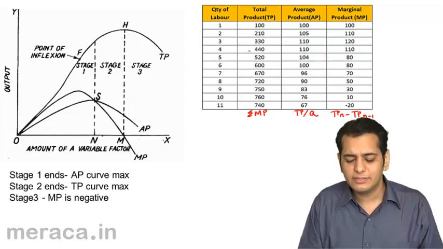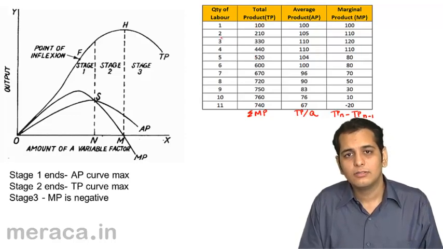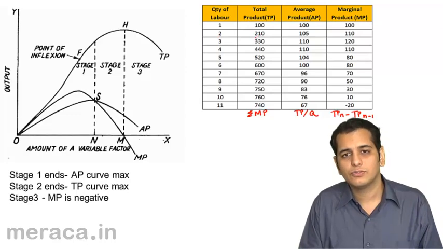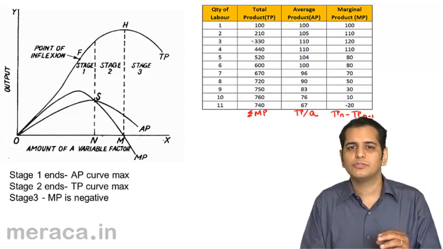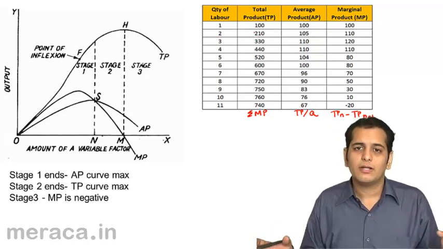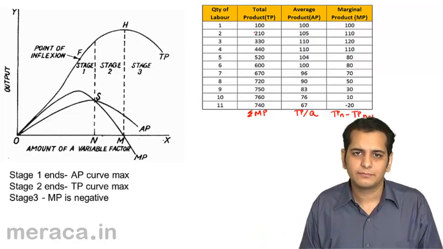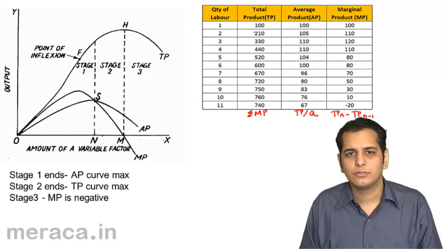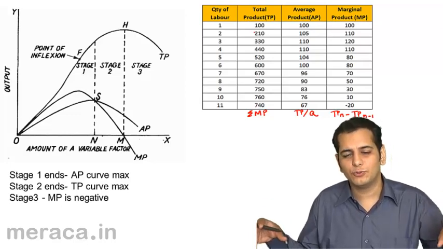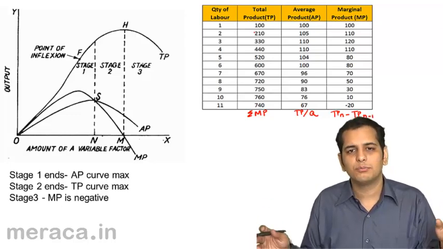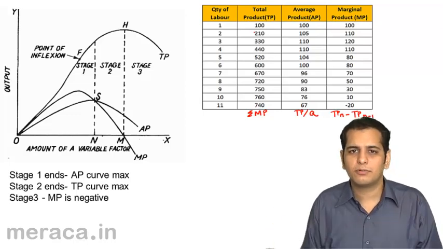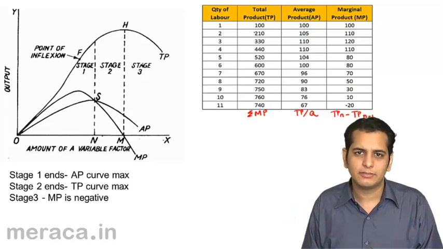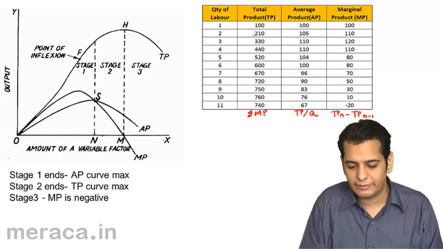When we increase the labor to 2, the total product is 210. This means when there are 2 laborers, together they produce 210 units. They individually produce units separately, but when we take both of their individual products collectively, it is 210.